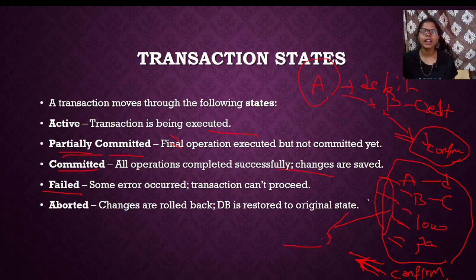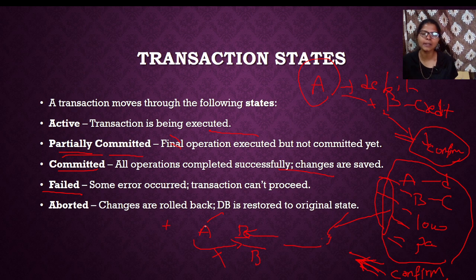Next, failed. It may occur due to an internet issue or wrong password. Sometimes we may see a transaction fail due to some other reasons. So what happens when you reach the failed state? If A is trying to send an amount to B, and due to some network issue the amount is not credited to B's account but is debited from A's account, it may take some days to restore it.